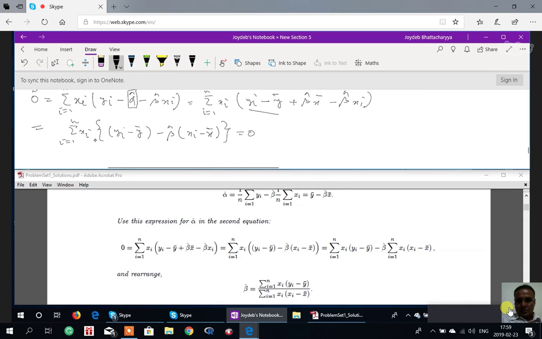I understood the rest of it, so it's okay. Then xi is to be multiplied here, and beta hat is actually to be freed, and you will get beta hat as this expression.